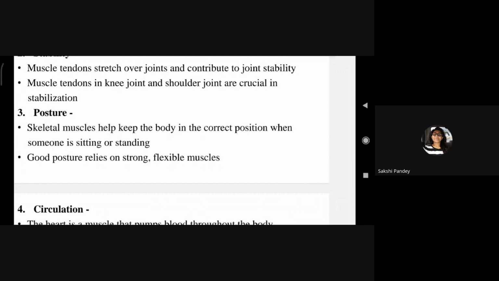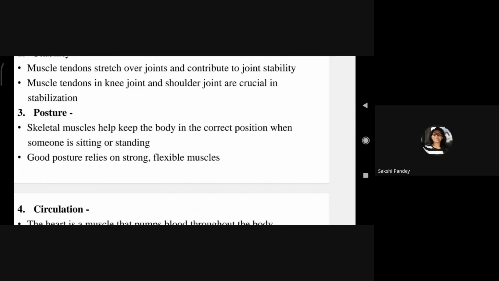Means the thing is, if we want to sit erect when we are studying or doing anything, or when we are meditating, when we are trying to sit erect, making our spine erect, but if we are not habituated with that posture, we cannot maintain it.